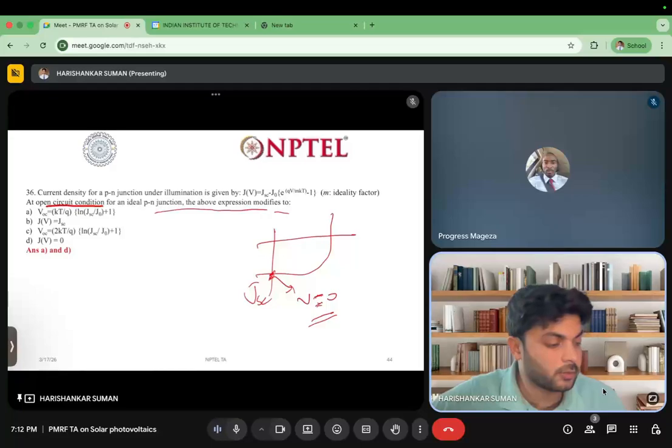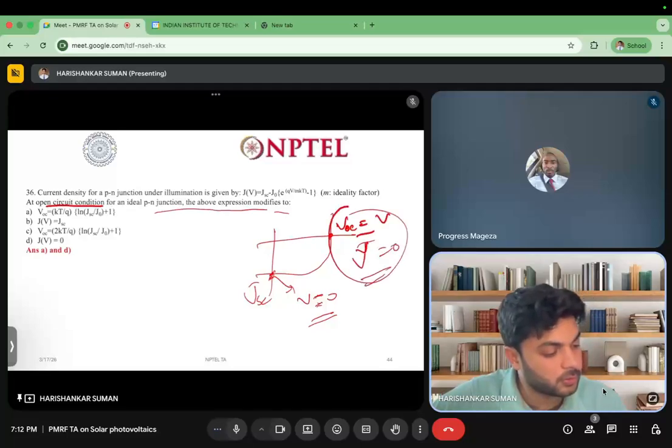Okay, so you have to solve this equation. Open circuit condition, not short circuit. So this is VOC. You have to solve for this, and J will be 0. You have to solve from this equation at this point.